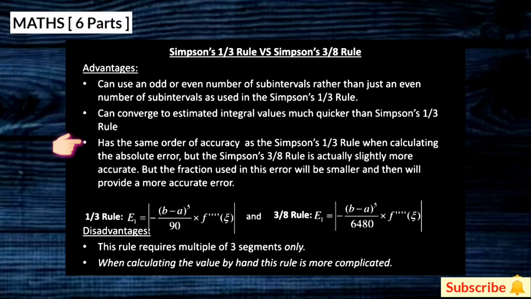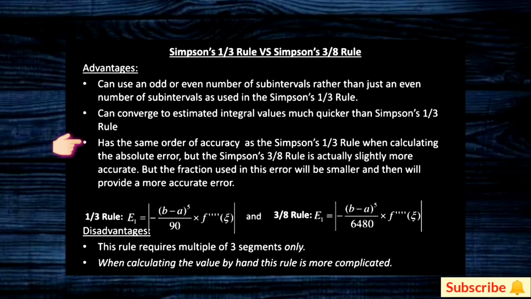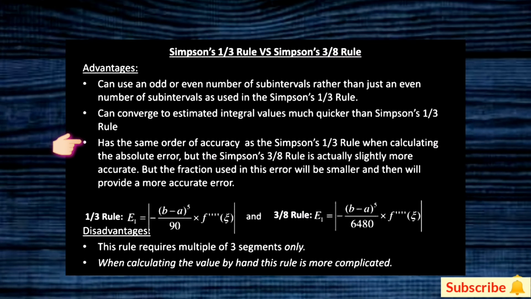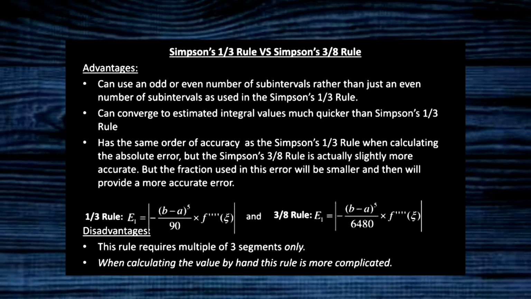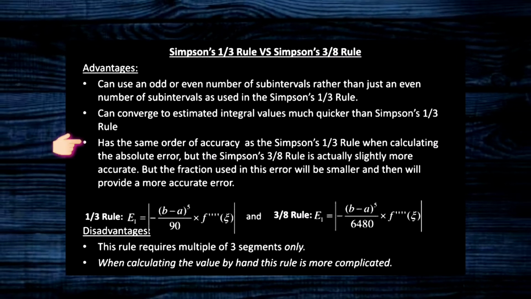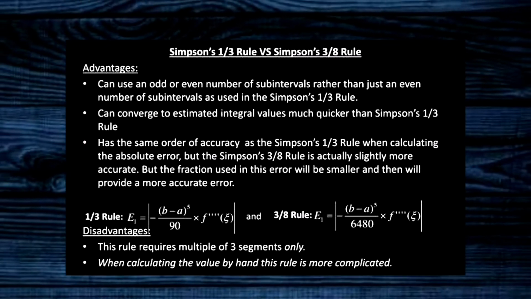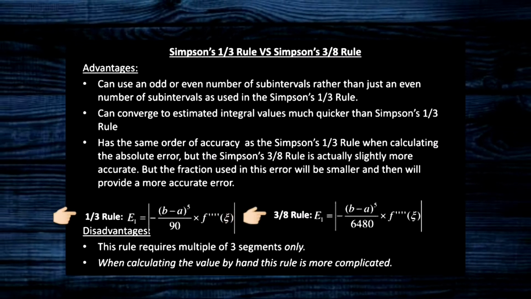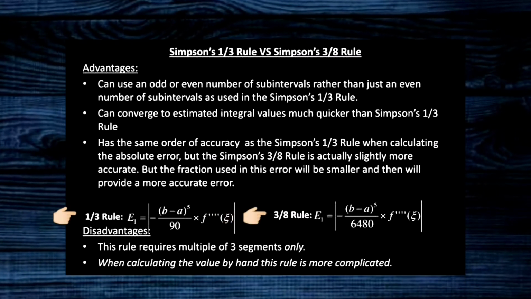Then it has the same order of accuracy as Simpson's 1/3 rule when calculating the absolute error, but Simpson's 3/8 rule is actually slightly more accurate, because the fraction used in this error will be smaller and will provide a more accurate error. Then these two are the equations for the 1/3 rule and 3/8 rule.